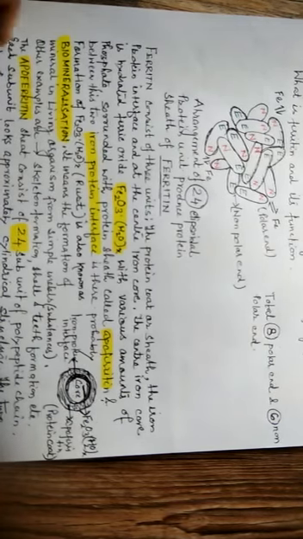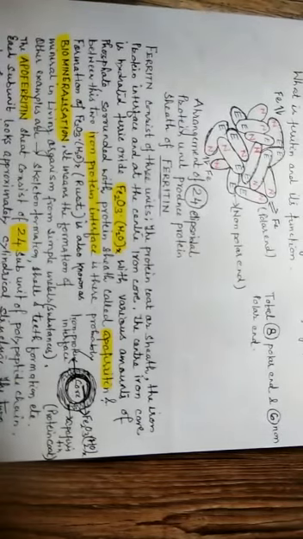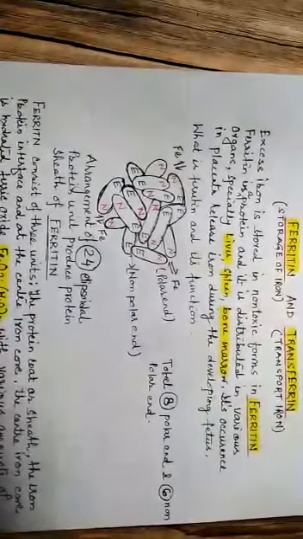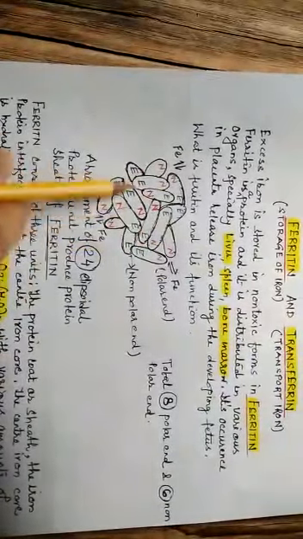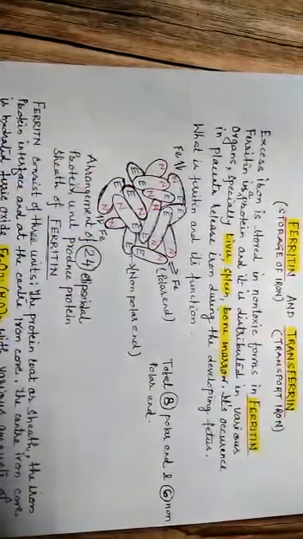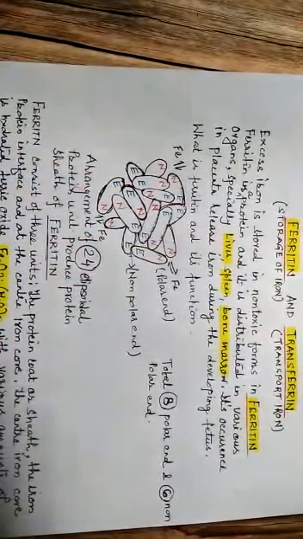The apoferritin, or you can say protein, actually consists of 24 subunits. Here you can see in this figure, 24 subunits of polypeptide chain. The polypeptide chain is coiled such that it gives a cylindrical structure.